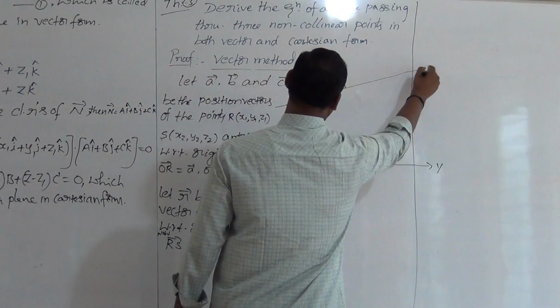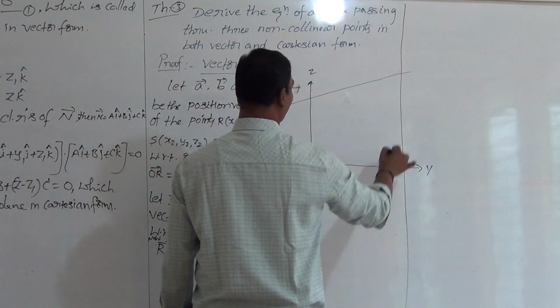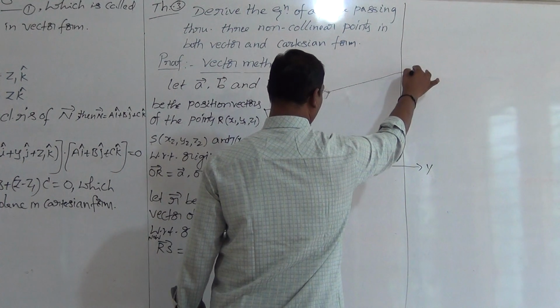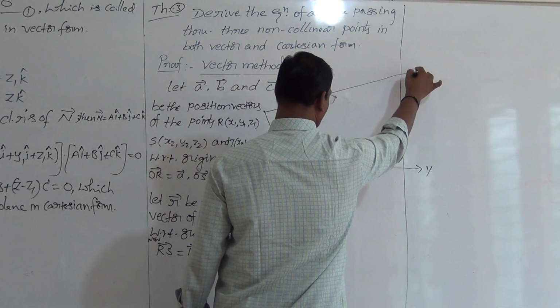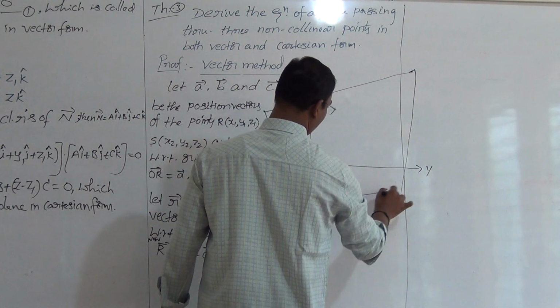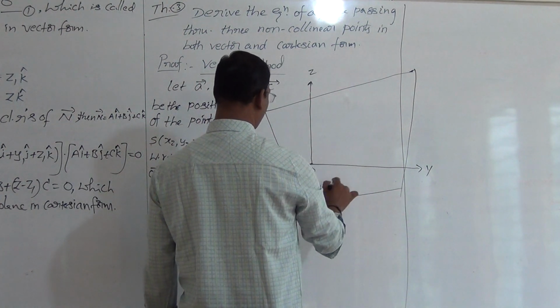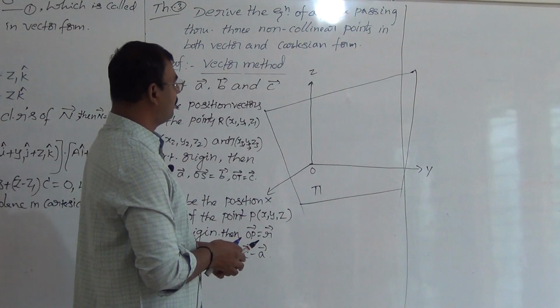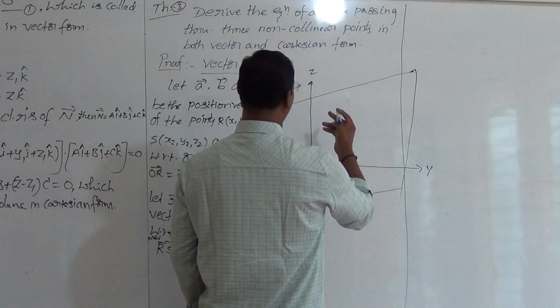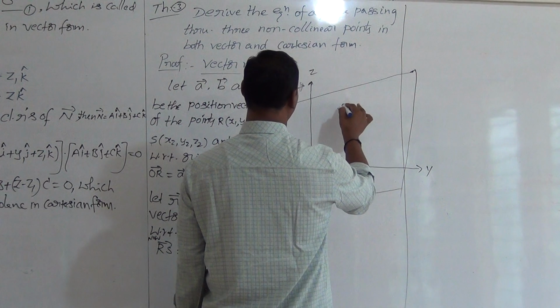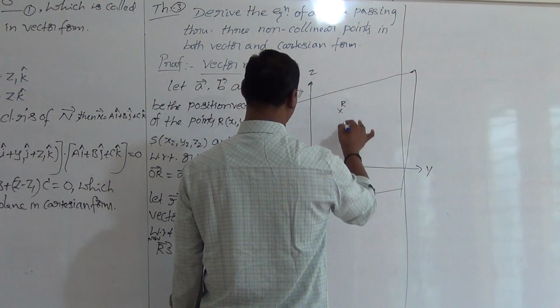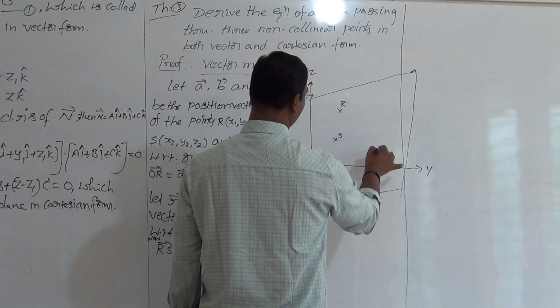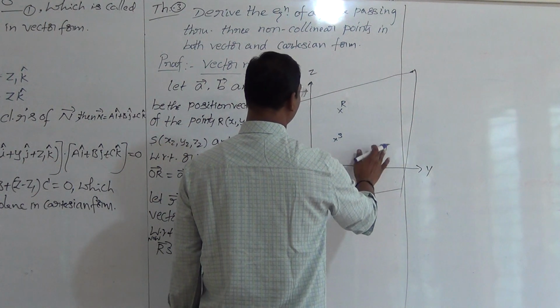Remember, this is the plane surface. Just draw this plane, which is denoted by pi. Now we are taking the points. So what are the points we can take here? Let them be R, S, T.